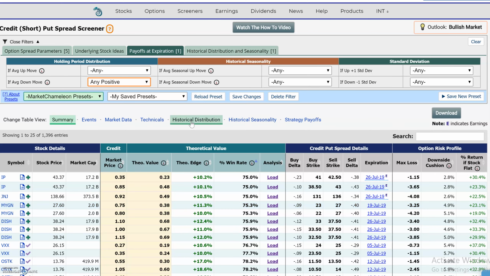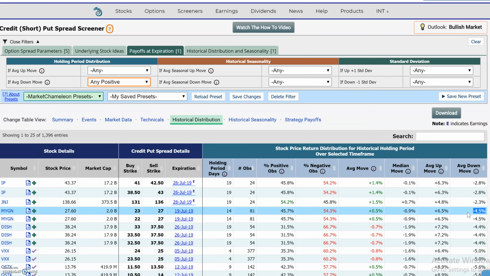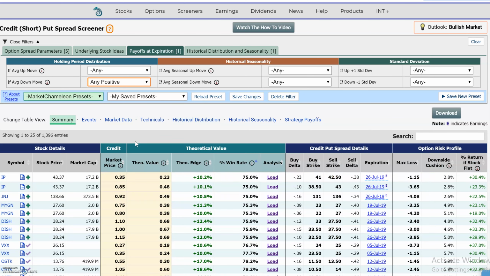All right, let's take a look here. Over here, 4.5%. So here's our downside cushion, 4.9%. As you can see, the stock is 27.60, right? It's above the 27 price, and we also get a 75 cent credit, so that's a 4.9% cushion to break even.